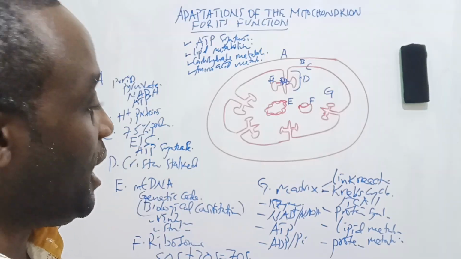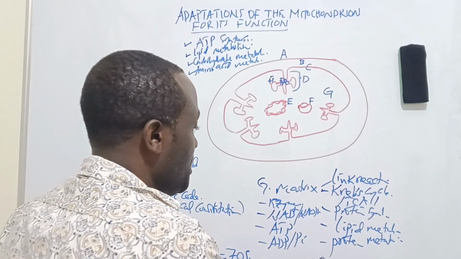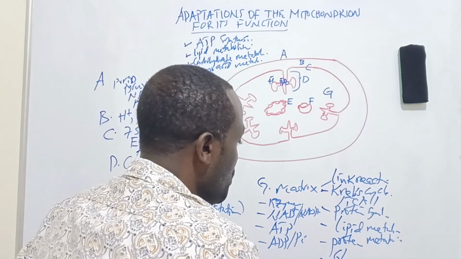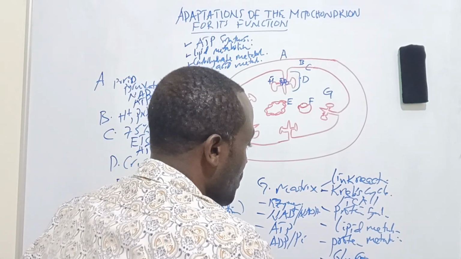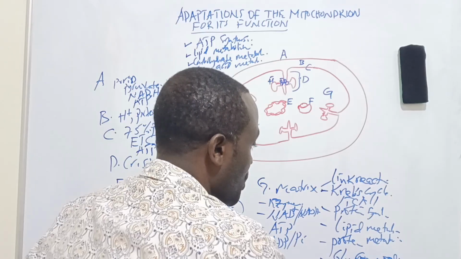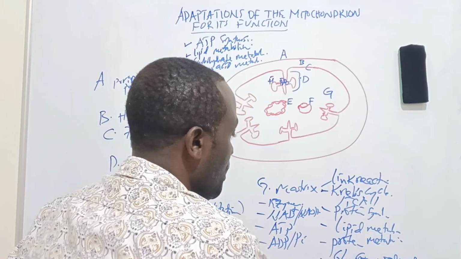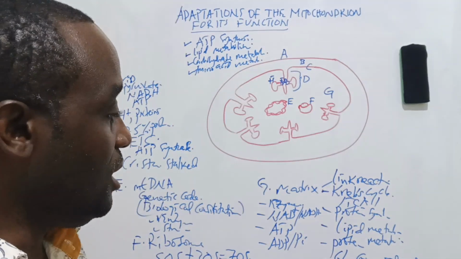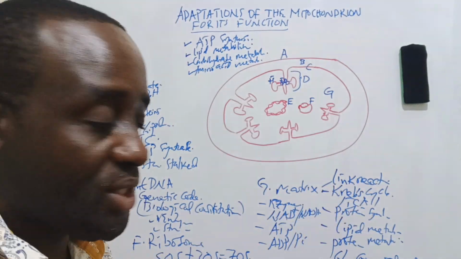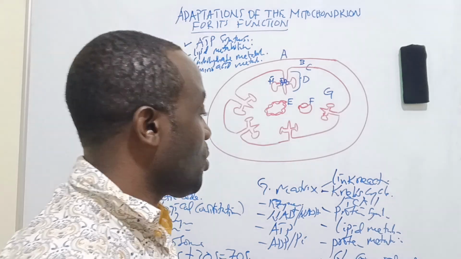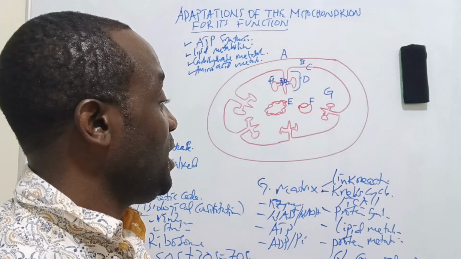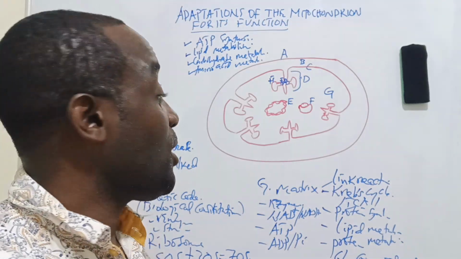It plays a very big role when it comes to gluconeogenesis. Gluco meaning glucose, neo meaning new, genesis meaning beginning. Remember neonatal. Gluconeogenesis is a process where the body forms glucose from non-carbohydrate sources.